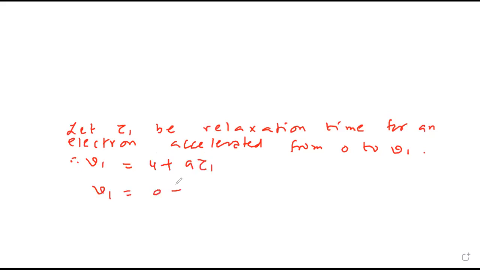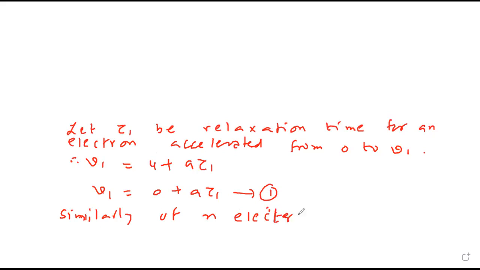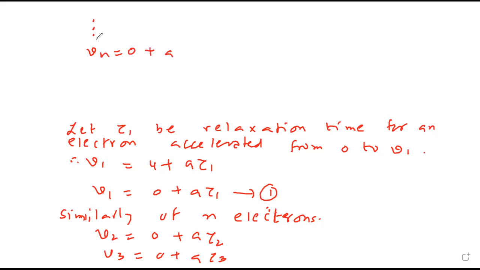So, V1 is 0 plus a tau 1, equation. Similarly, for n electrons, V2 will be 0 plus a tau 2, V3 is 0 plus a tau 3, dot dot dot, Vn will be 0 plus a tau n.